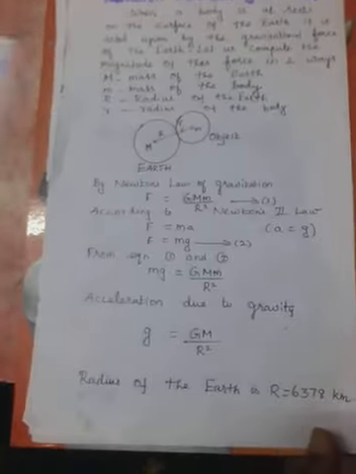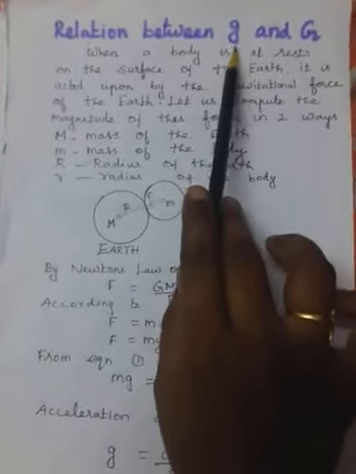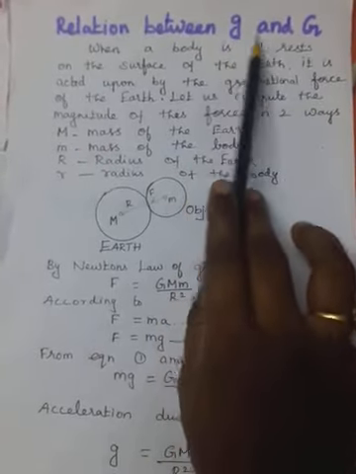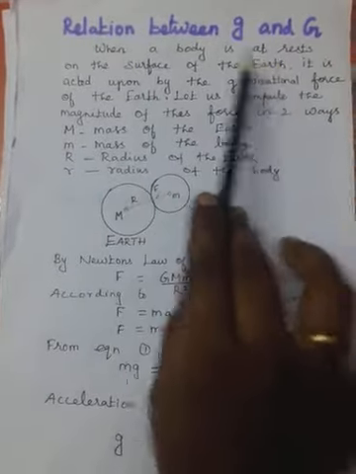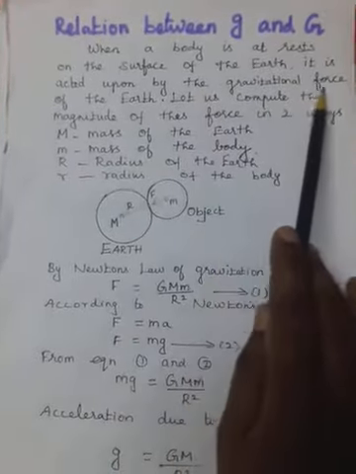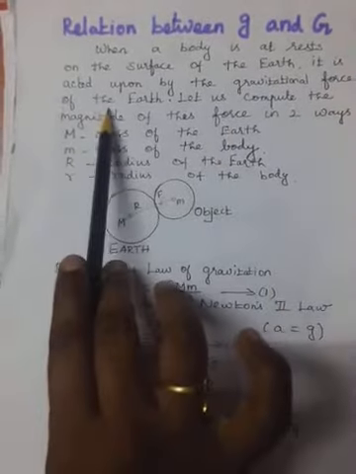Next, the relation between g and G. Small g is the acceleration due to gravity, and capital G is the universal gravitational constant, isn't it? When your body is at rest on the surface of the earth, it is acted upon by the gravitational force of the earth.